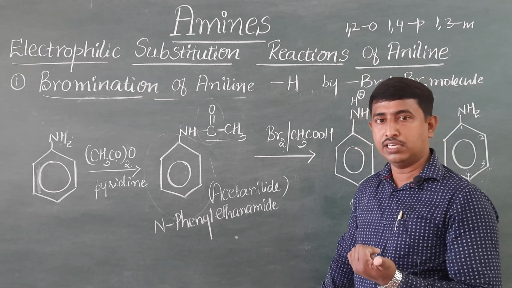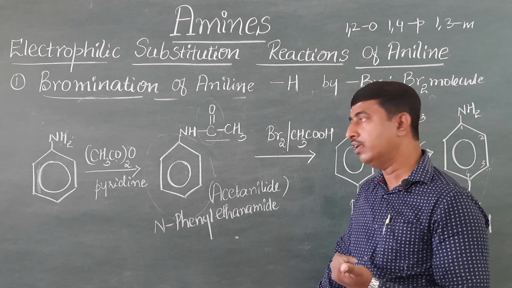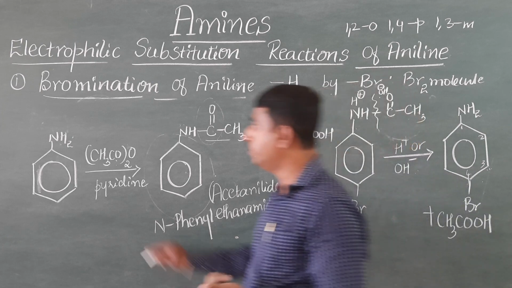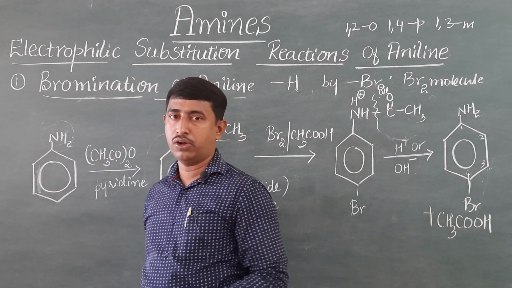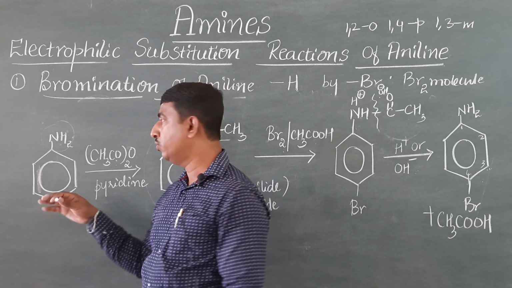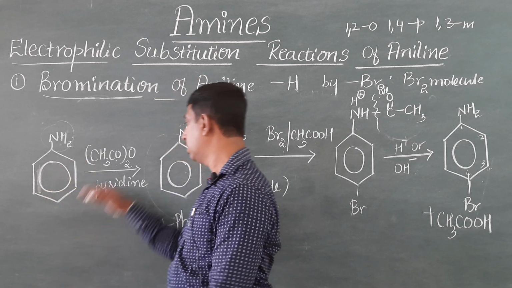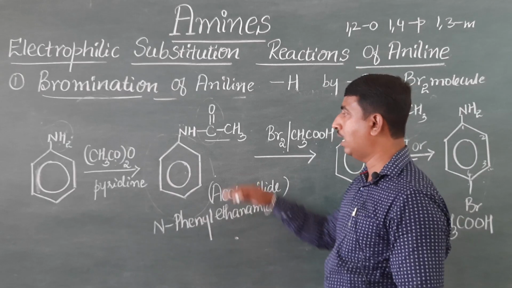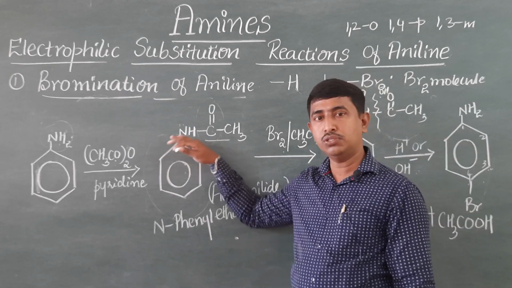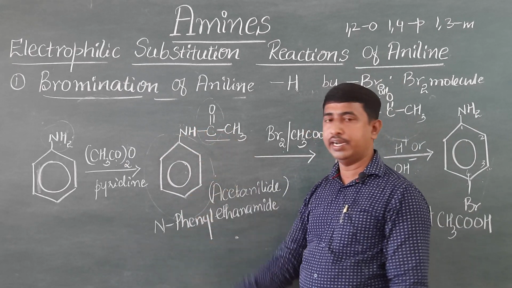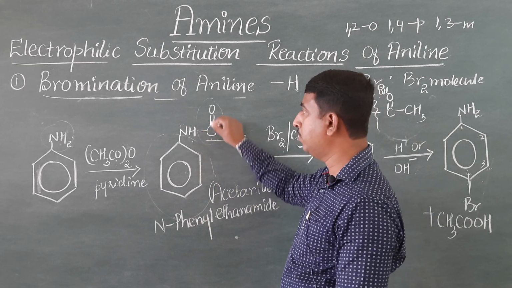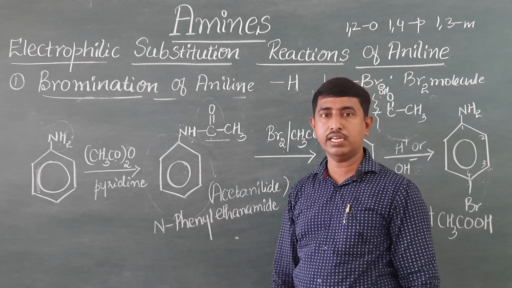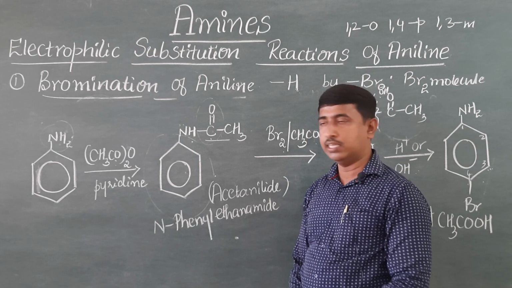out acetylation by adding acetic anhydride. Why acetylation? To decrease the activating nature, or the electron donating nature, of nitrogen. Upon acetylation, the NH2 group gets converted into NH C double bond O CH3.